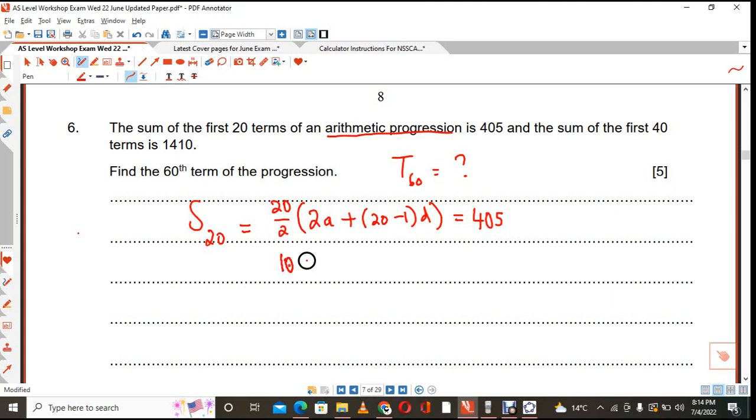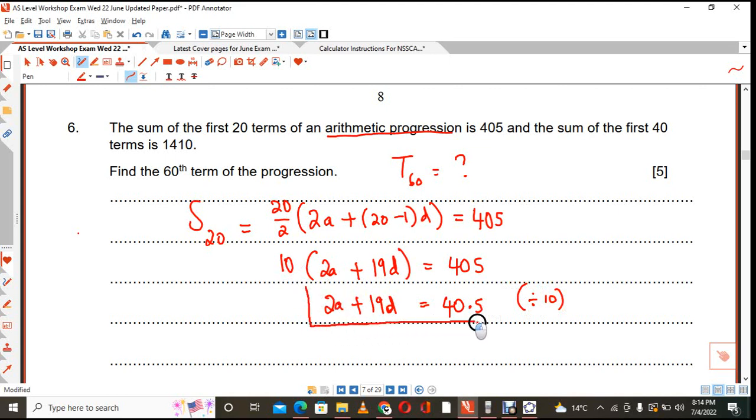That's 10, then you have 2a plus 19d equals 405. Well, that would be my first equation. Or I have 2a plus 19d equals 40.5. What I did there is I just divided both sides by 10. So this is my first equation.